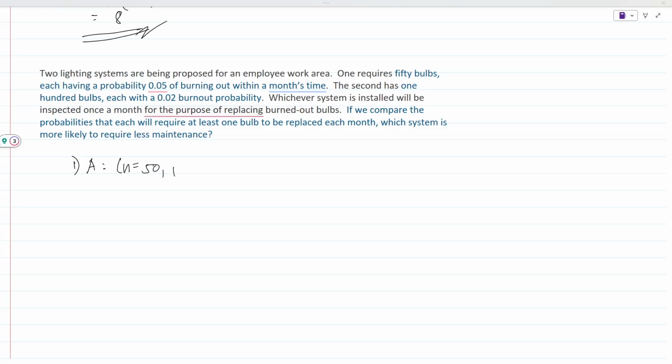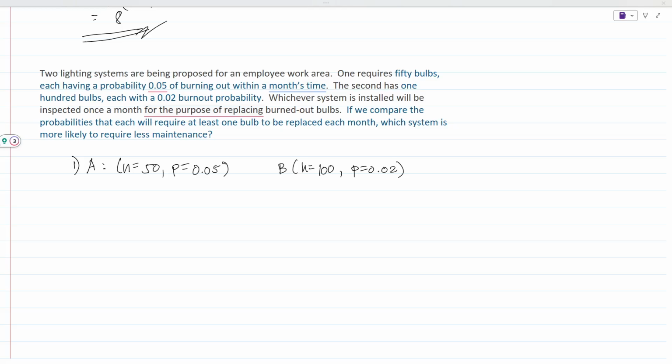The probability of success is equals to 0.05, 5%. Okay. While B has, tabi na lang natin sa gilid para huwag tayo pababa ng pababa. While B has N is equals to, ilan to? 100. And then P is 0.02.